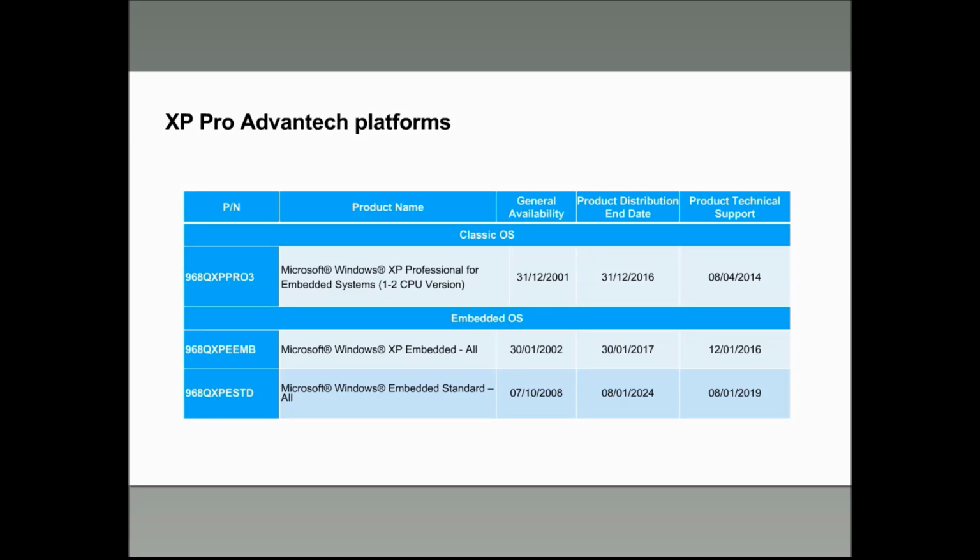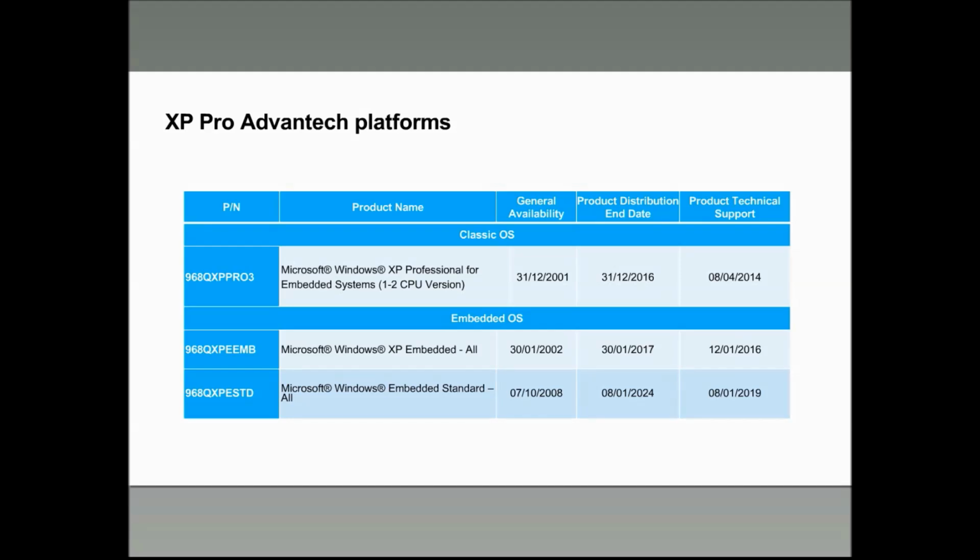The main impact of end of support is that there are no more hotfixes and security patches coming from Microsoft. For this, we have two kinds of alternatives if you want to stay with the same OS that you have used for so many years. First, you can leverage Advantech resources with workaround solutions that we have adopted before, so if you have the same issues, we can use the same solutions.